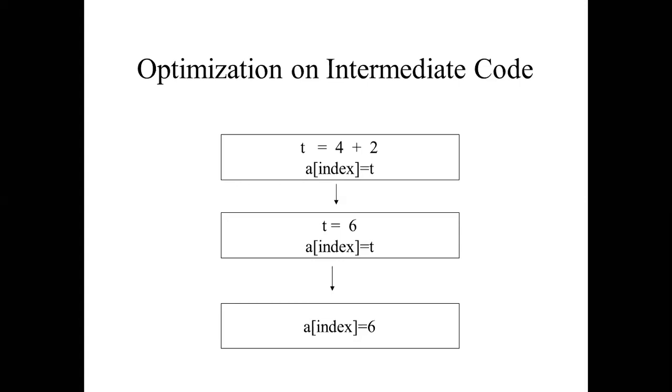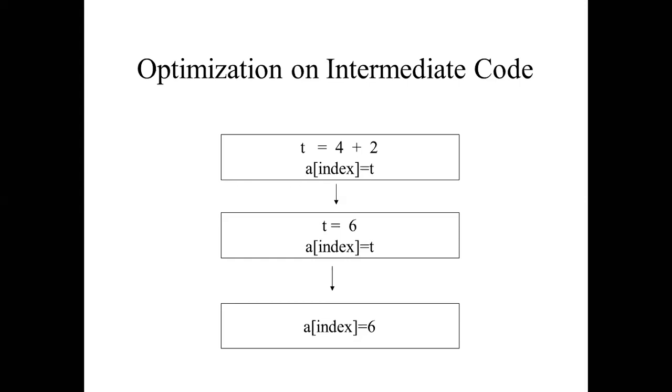Such techniques are called optimization techniques on intermediate code. These are intermediate code because we are using a temporary variable and assigning the same value, and at the end we optimize our expression.